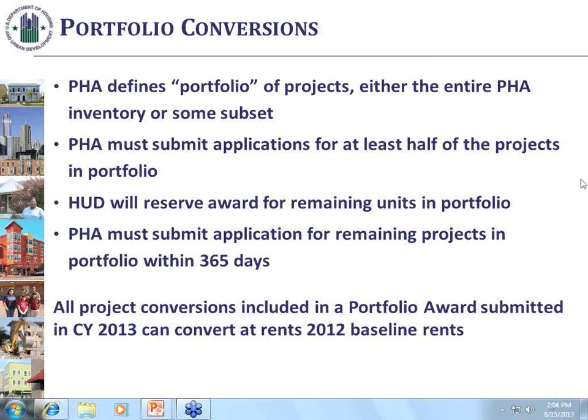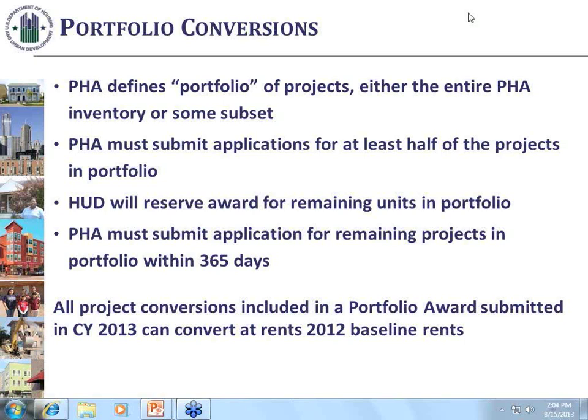And this is intended for PHAs that really need more time to work with their boards, work with their resident councils, just do other feasibility planning, but want to go deep, want to go big in terms of submitting, and therefore know that if they at least submit the first set of applications, there's a CHAP award for them once they finish their work on the remaining applications.